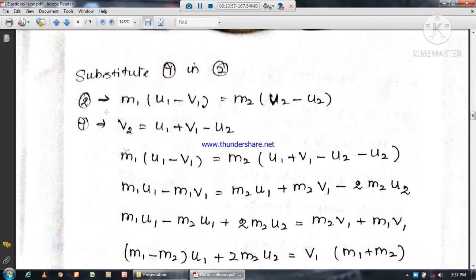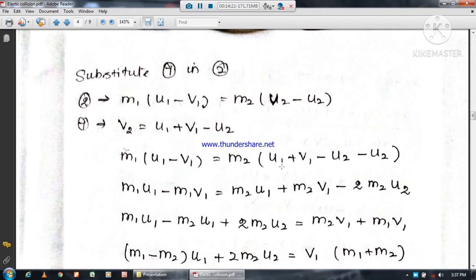So the second equation is m1 into (u1 minus v1) is equal to m2 into (v2 minus u2), and the seventh equation is v2 is equal to u1 plus v1 minus u2. Now you substitute the seventh equation in equation number 2, we get m1 into (u1 minus v1) is equal to m2 into v2.